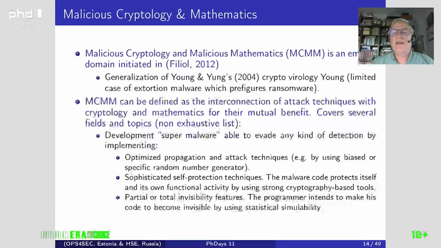You can do much more. Malicious cryptography and malicious mathematics is the interconnection of attack techniques on one side and cryptology and mathematics on the other side, for their mutual benefit.